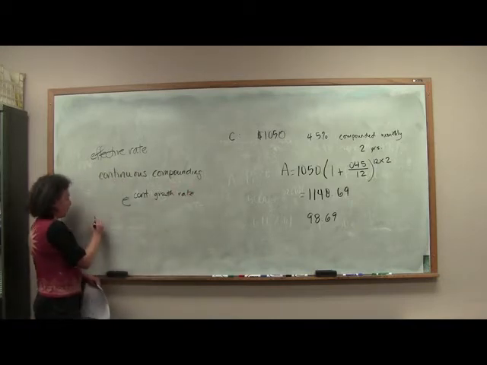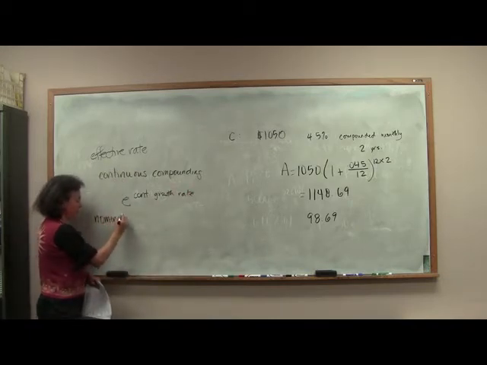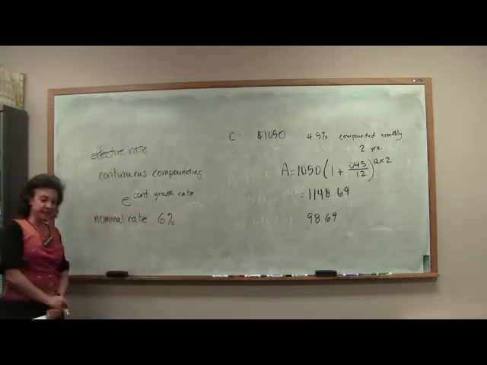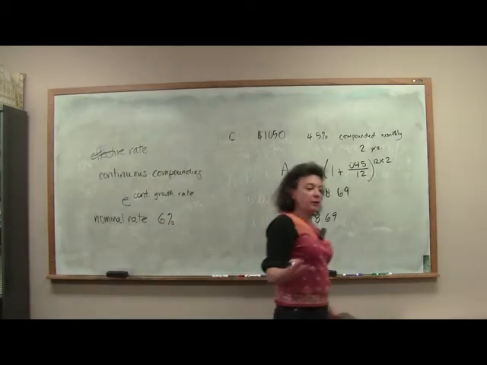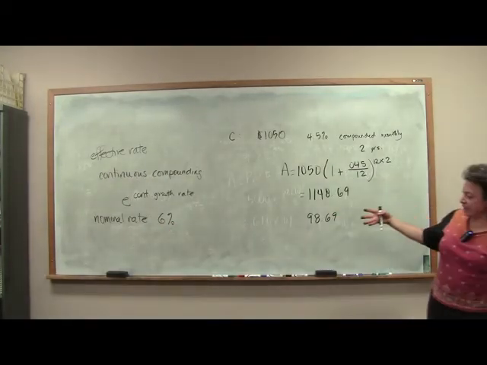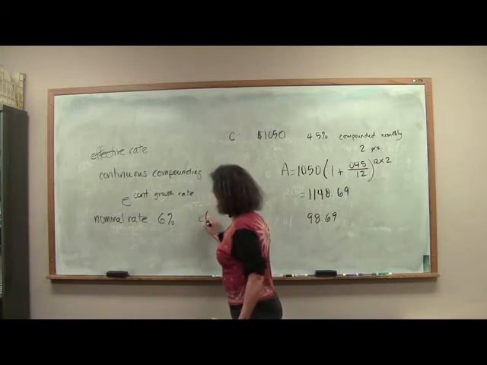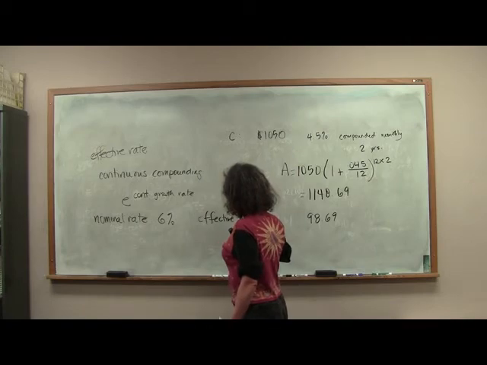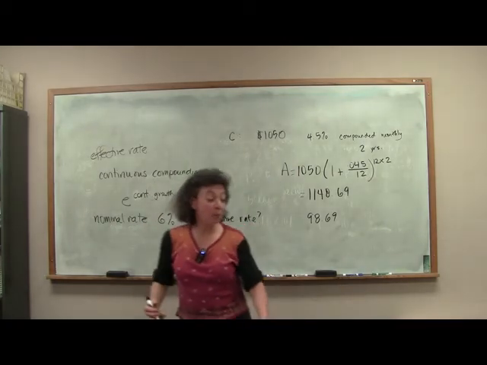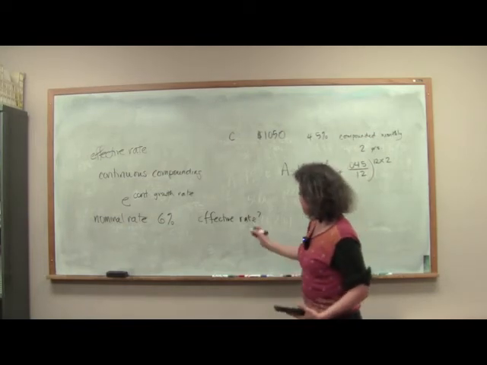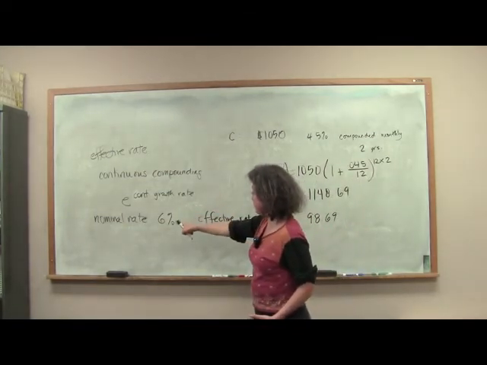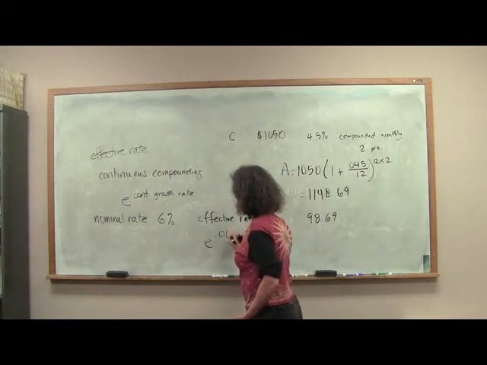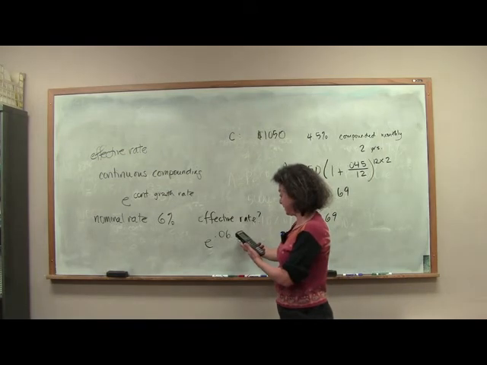So, for example, if I told you that the nominal rate for some investment is 6%, remember, that's what we would get if we compounded it once a year. But the effective rate is actually higher. Again, why? Because we get interest upon our interest. So if you're going to compute the effective rate, if your nominal rate is 6%, you would compute e to the 0.06.